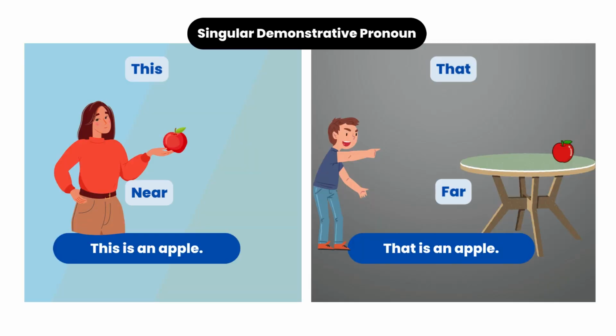Both this and that are used for single person, place, animal or thing. This is used if the object is near to us, and that is used if the object is at some distance. For example, when the apple is near, we say this is an apple. When it is far, we say that is an apple.